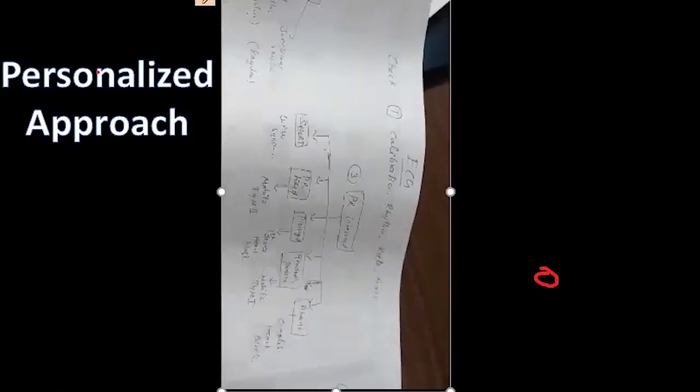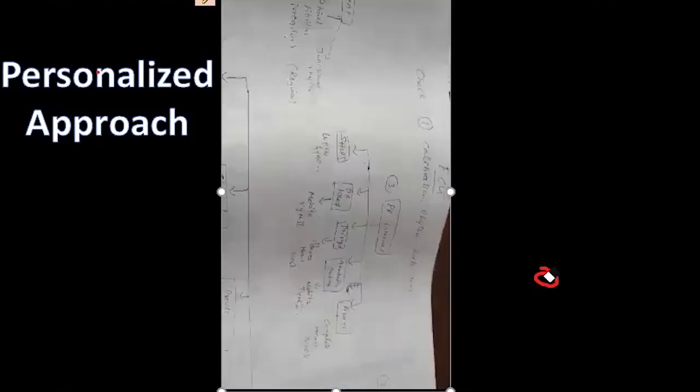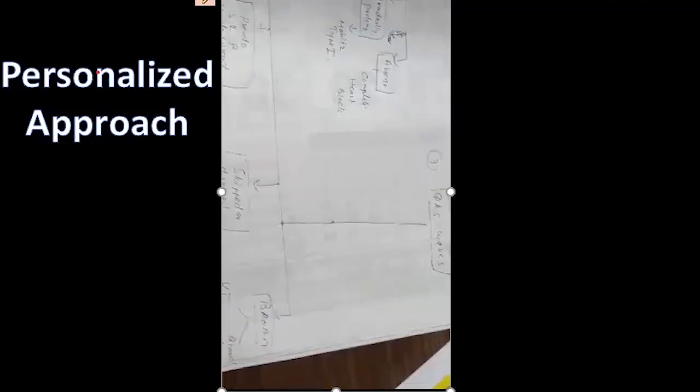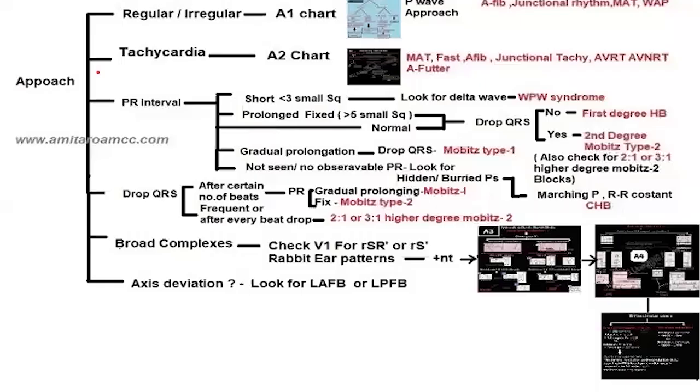I encourage students to develop their own approach, like what they learn, they can draw their own approach. And as you can see, some of my students have created their own approach or interpretation, and then I correct their mistakes and rearrange in a systematic manner, along with all the flowcharts that I have prepared.